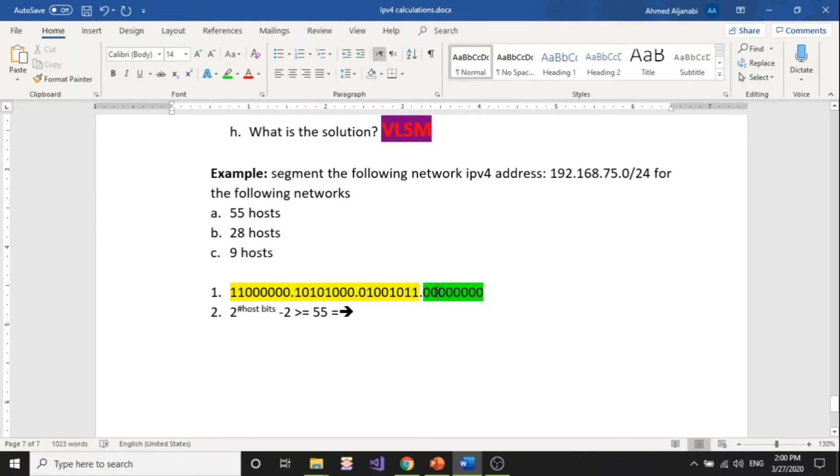So what I'm going to do, I'm going to just highlight those 2 bits. So here we go. This is the first network IP address. Now what I'm going to do, I am going to take this as it is, and I am going to show what will be the network IP address for this case specifically. So it's going to be the first network.